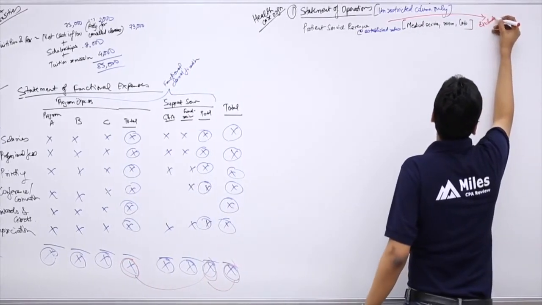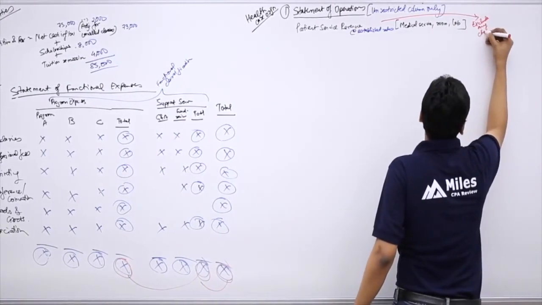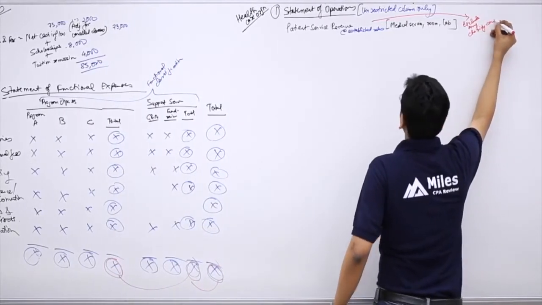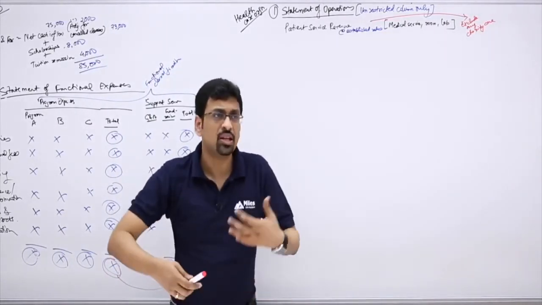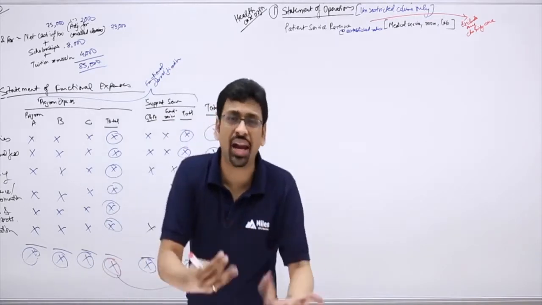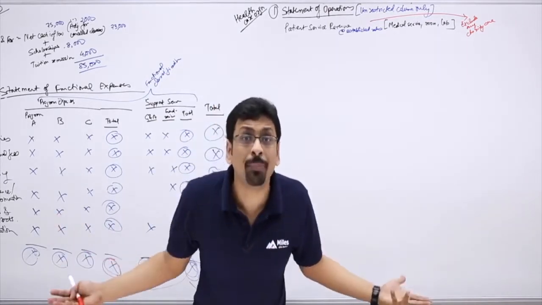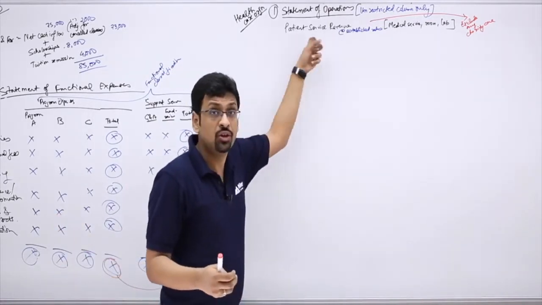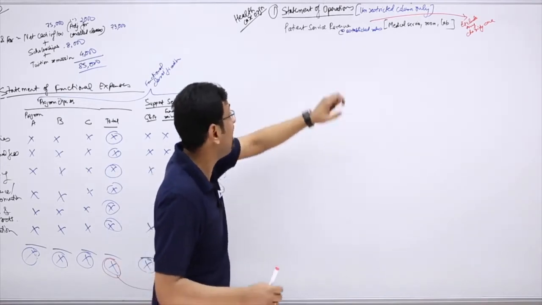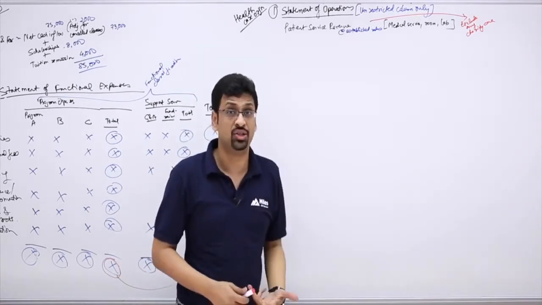Exclude any charity care. Guys, if the hospital is providing patient services as charity, they're not going to charge them. There's going to be no billings there. So it's not there in the patient service revenue. Everything else is there at gross, at established rates.